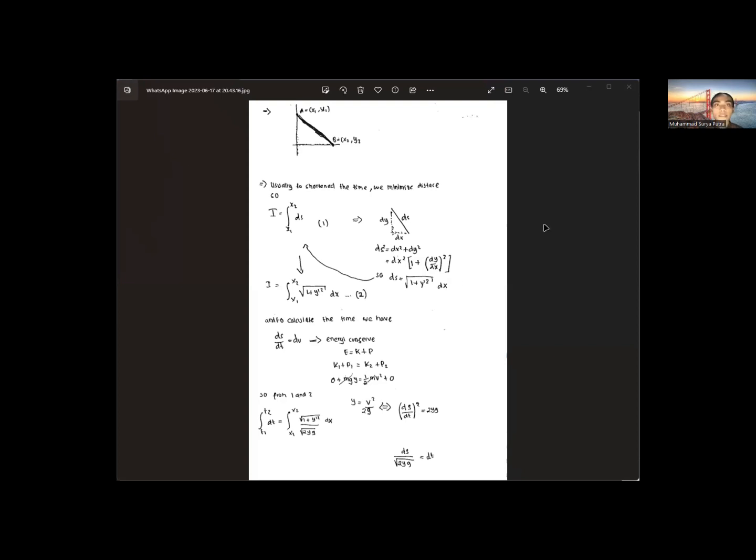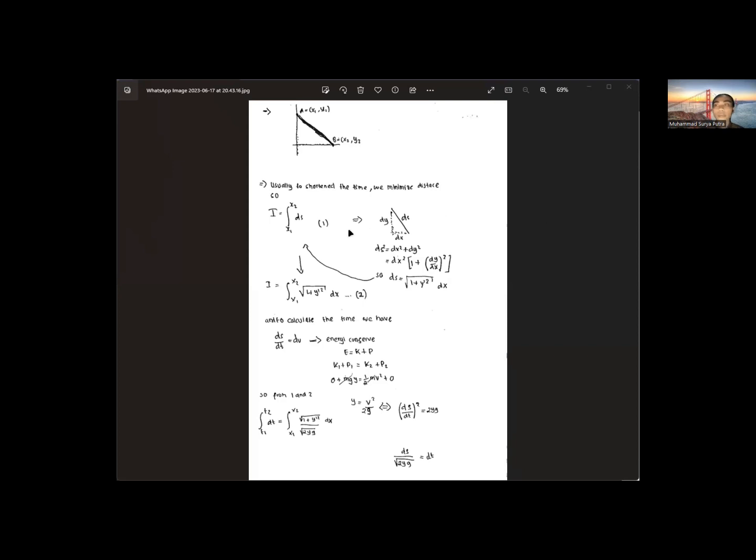Logically, if you want to shorten the time of the roller coaster, we usually minimize the distance.